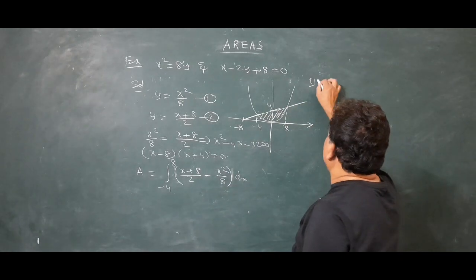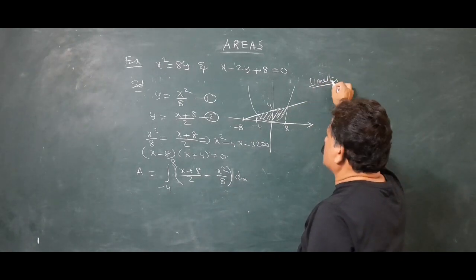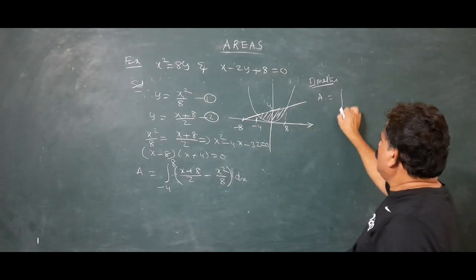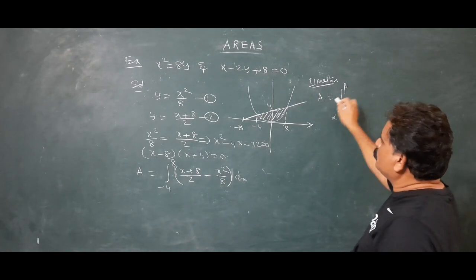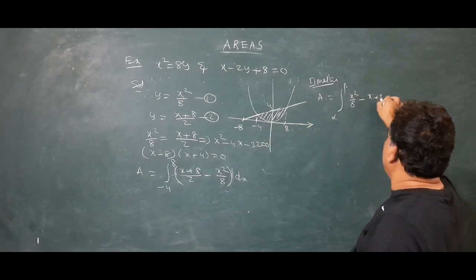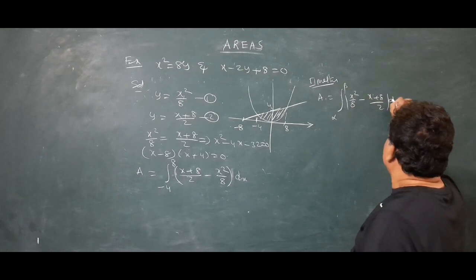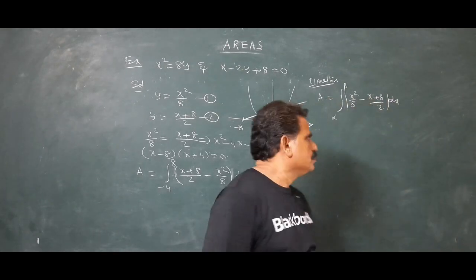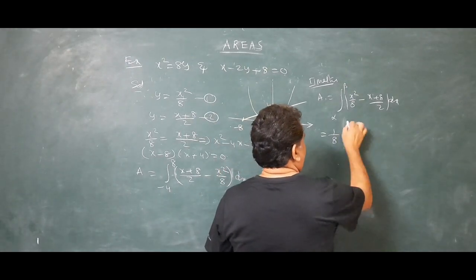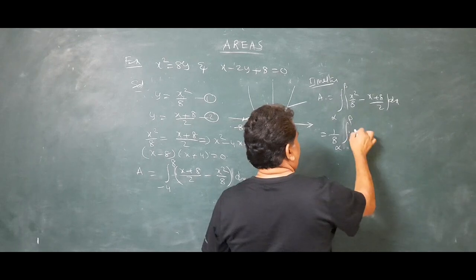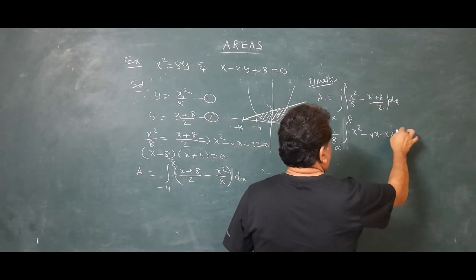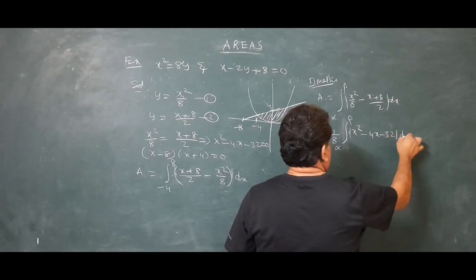Now the second method, by formula, without finding the roots. Area equal to integral alpha to beta of modulus of x square by 8 minus x plus 8 by 2. Taking LCM 8, that is 1 by 8 taken out, integral alpha to beta modulus of x square minus 4x minus 32 dx.